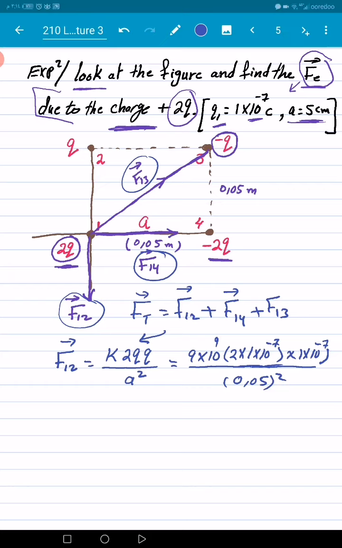So the result, the final answer, 0.072 Newton.